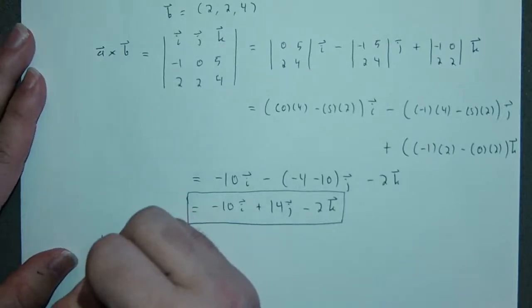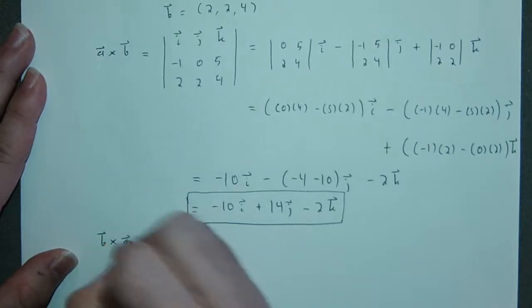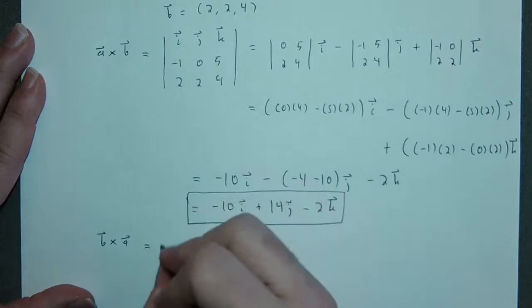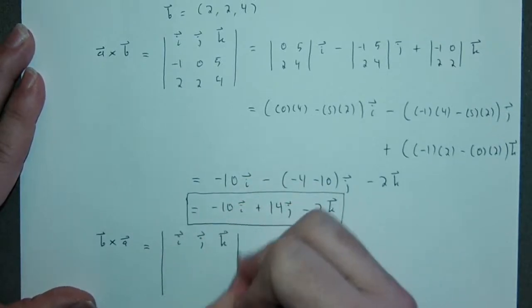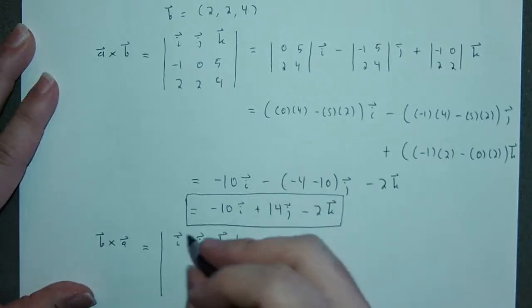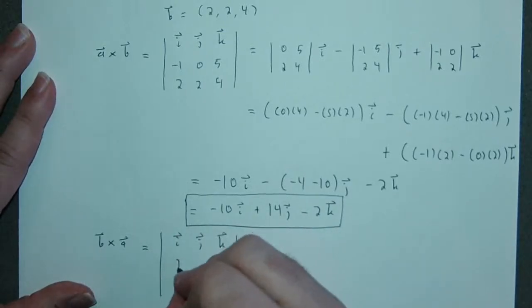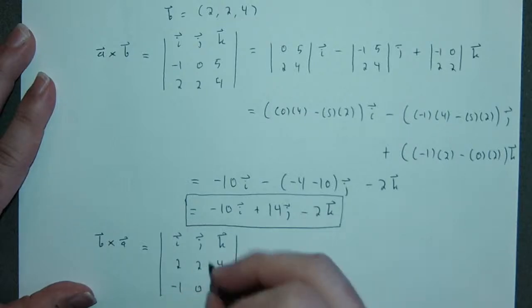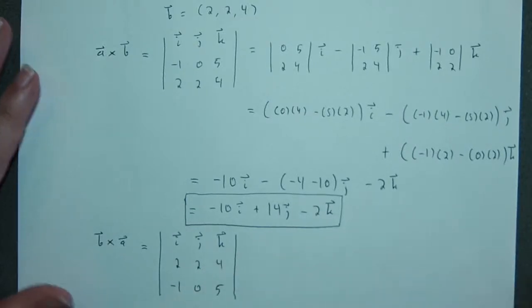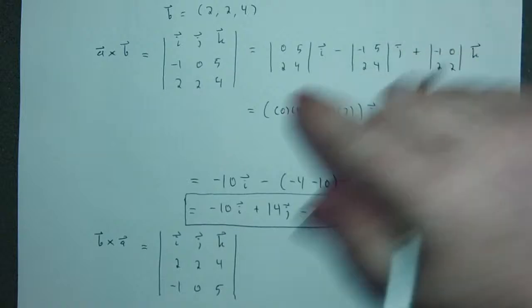Okay, let's do B cross A. All right, so what is B cross A? The difference here is that now we're computing the determinant of this thing, i, j, k. In the middle row is now B, so this is 2, 2, 4. And in the bottom row is A, which is -1, 0, 5. So let's see how this alters what's going on here.